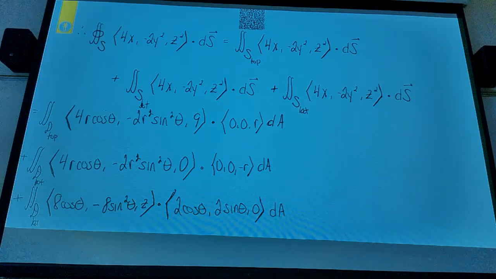It's these 3 double integrals we have to evaluate. Luckily, most of them are easy.